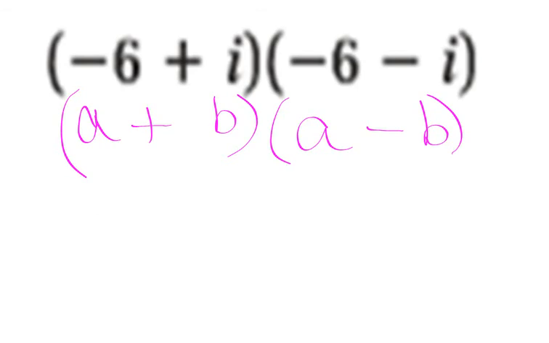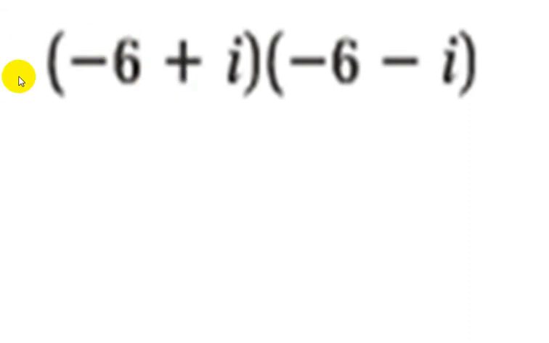Complex conjugates? Well, let's work it out the long way first and see what we get. But just recognize this is a complex conjugate. We'll do it the long way, and then we'll do the shortcut. And after we do that, from now on, if you recognize a complex conjugate, you can just do the shortcut.